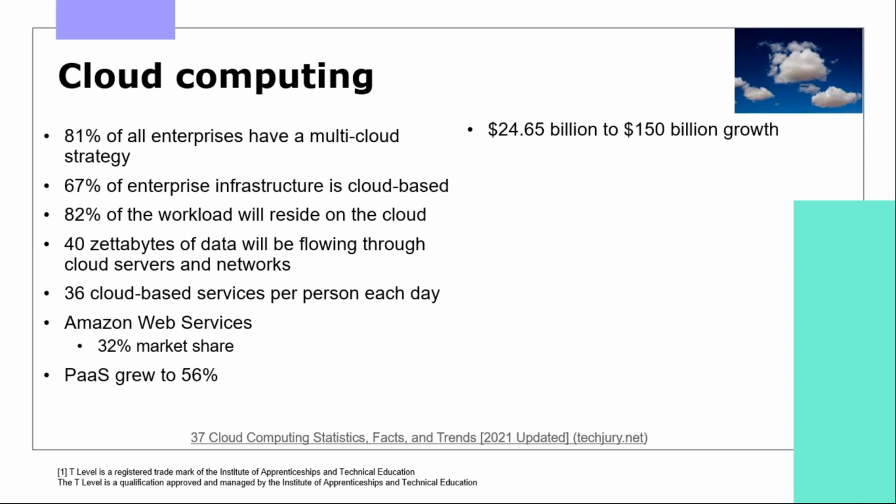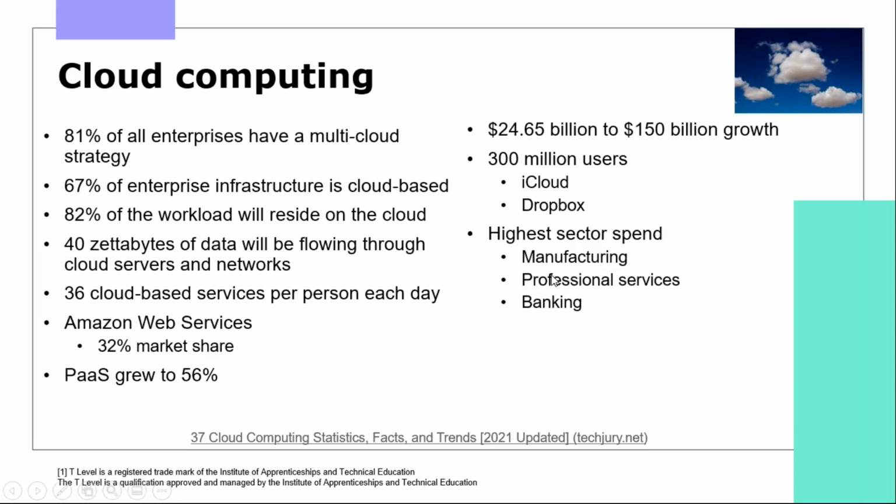The most popular free cloud storage services are iCloud and Dropbox, with just over 300 million users per platform. And the three sectors that plan to spend the most money on cloud computing services are manufacturing at around $20 billion, professional services at around 18 billion, and banking at just short of $17 billion.